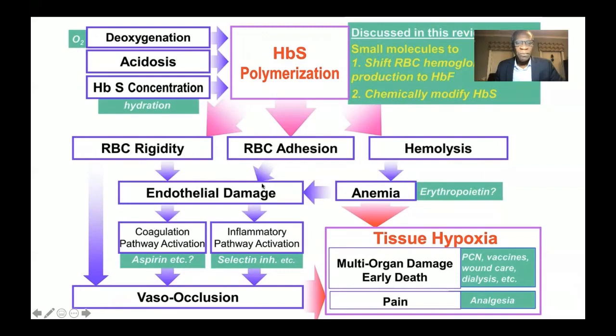With endothelial damage, there is also downstream activation of the inflammatory pathway and the coagulation pathway, all combining together to cause vaso-occlusion. In the meantime, the hemolysis that results in anemia causes tissue hypoxia. The combination of tissue hypoxia and vaso-occlusion accounts for the vaso-occlusive pain, which is the hallmark of the disease, and even more than that, multi-organ damage, which leads to early death.